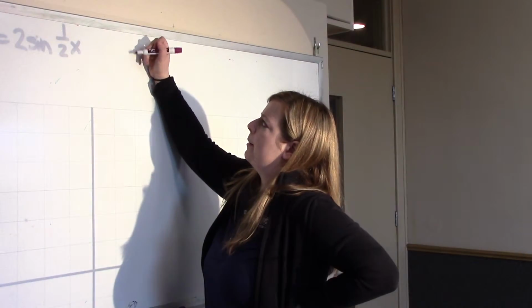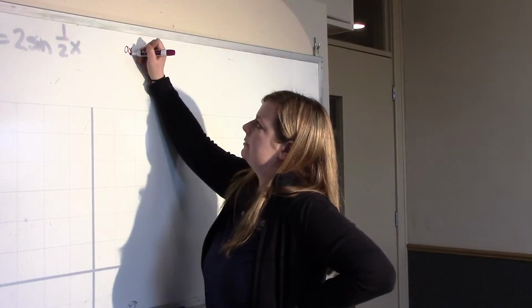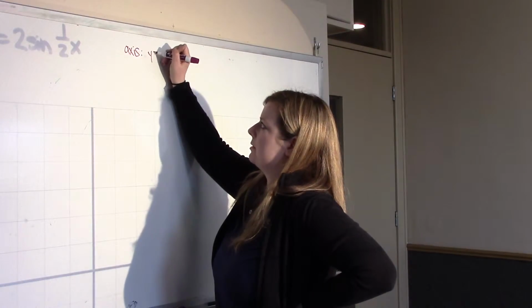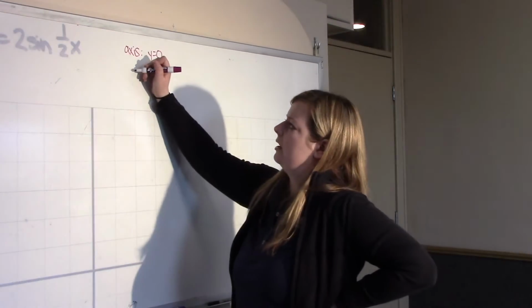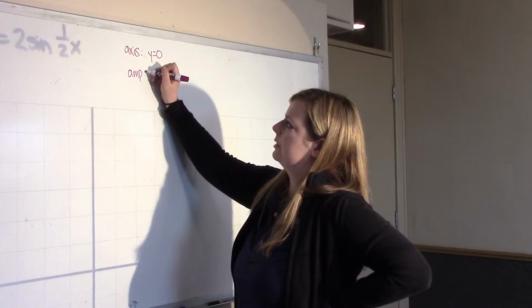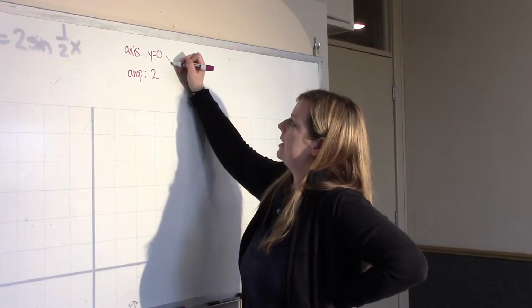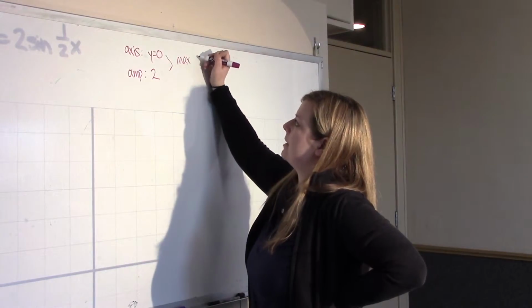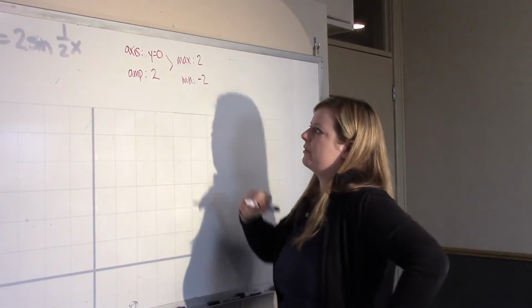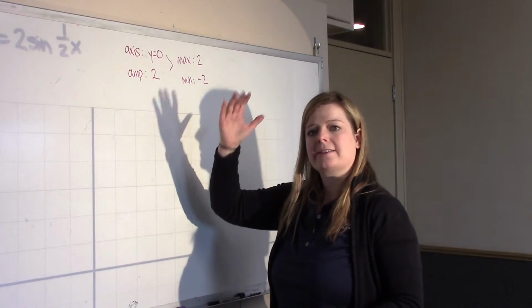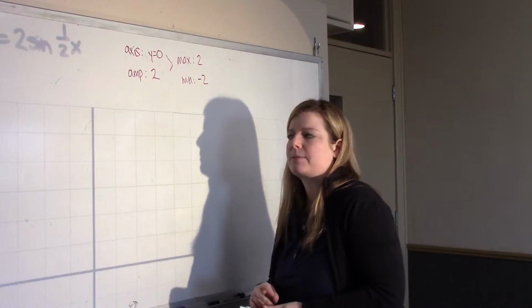So our axis is still y equals 0. We haven't actually gone up or down at all. And our amplitude is 2. So that means between those 2 pieces of information, my max is 2 and my min is -2, right? Because I'm going up 2 from my axis, down 2 from my axis.